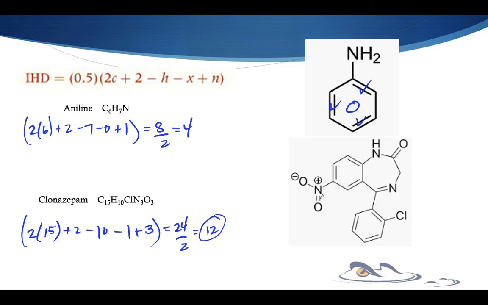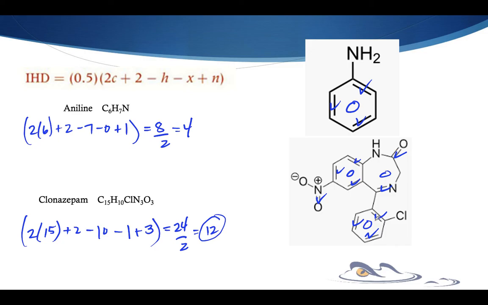Let's count them up. 1, 2, 3, 4, 5, 6, 7, 8, 9 pi bonds, and 1, 2, 3 rings. That equals 12.